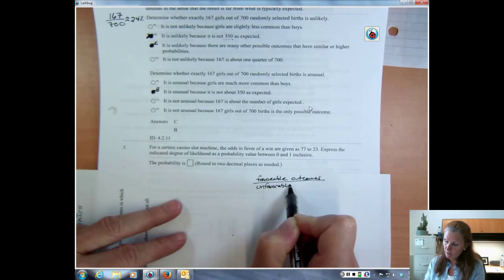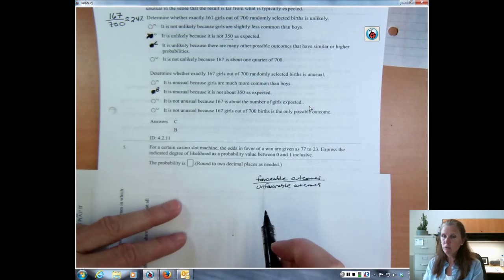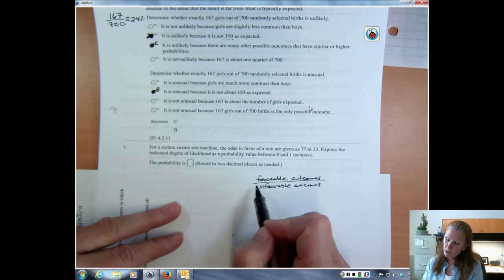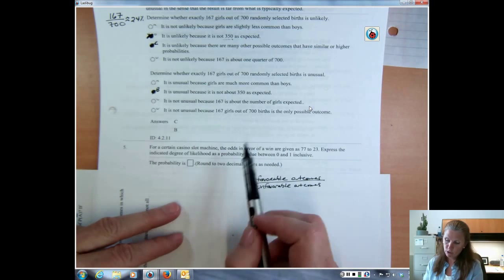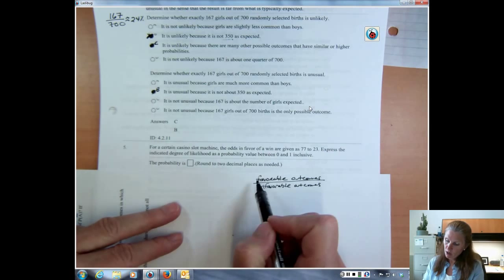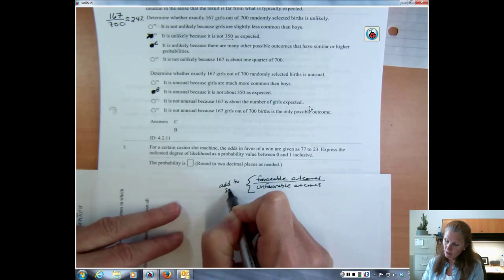What is unfavorable and favorable to you might be different for somebody else. If you're the casino, when you lose, that's a favorable outcome to them. But for this one, we're going to say favorable is when you win.